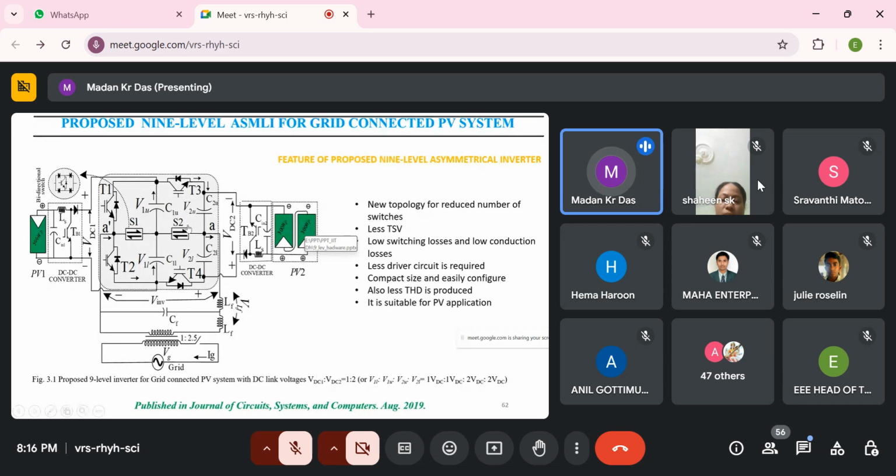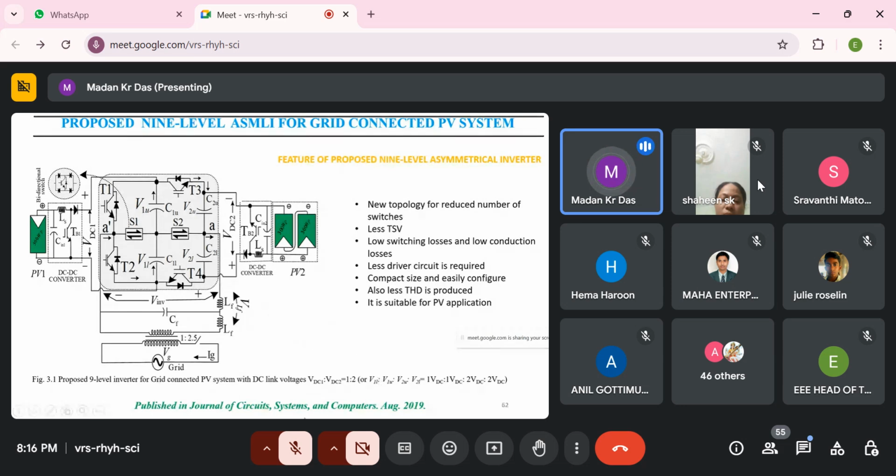So only 2 DC sources are used, in the ratio 1:2, to generate the 9-level output voltage. Means 6 switches and 2 DC sources generate the 9-level inverter. No IEEE or other publication has proposed this type of inverter.